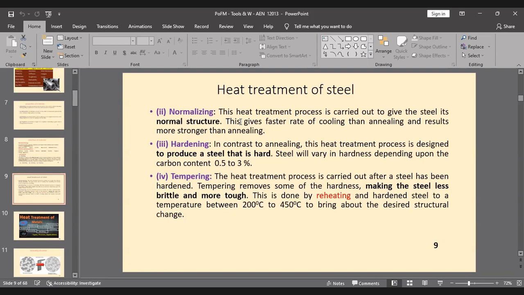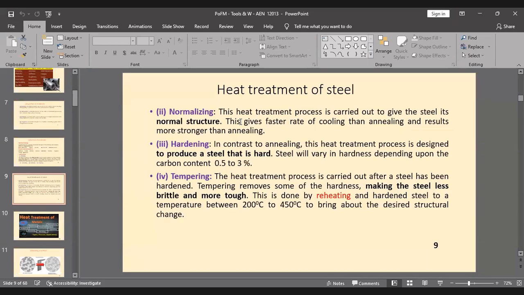Hardened steel is reheated to a temperature between 200 degrees and 450 degrees. That is heat treating, reheating. So 200 to 450 is a very, very low temperature. But for hardening, we need more than 1000 degrees centigrade.